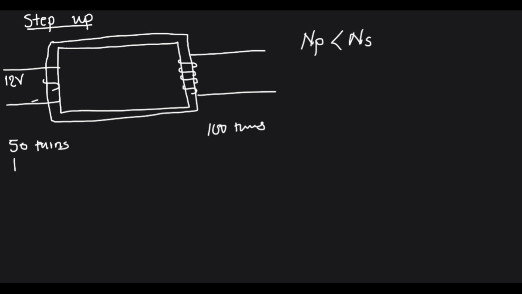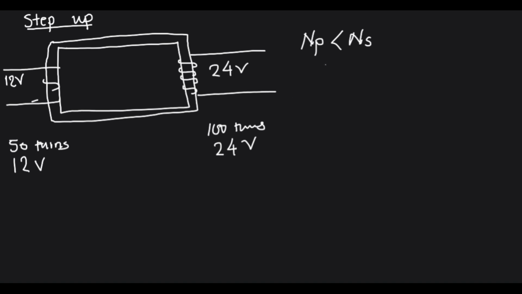So what this means is if we have 12 volts here, we are going to have 24 volts on the secondary coil. How do we get this 24? We multiply by the same number, which is 2. The same number that you used to multiply the number of turns should also be used to multiply the input voltage to get the output voltage. So here we are expecting to have 24 volts.